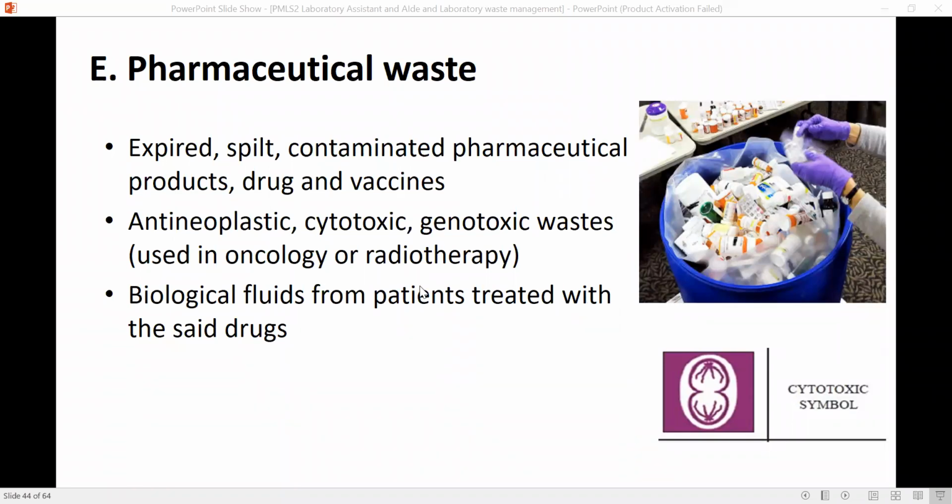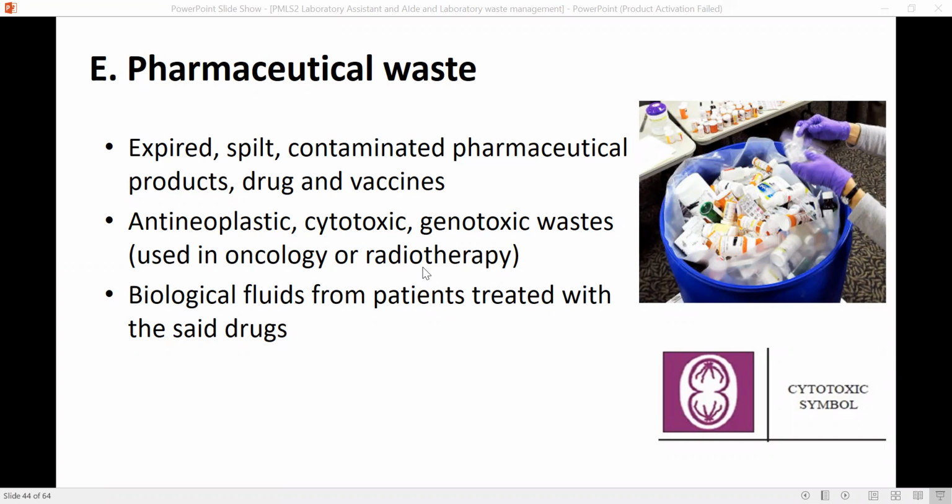Okay, so yung mga biological fluids daw from patients treated with these drugs, no? So usually treated yan as mga din pharmaceutical, yung mga waste natin na ganyan, cytotoxic waste. Okay, genotoxic waste ang tawag nila dyan.